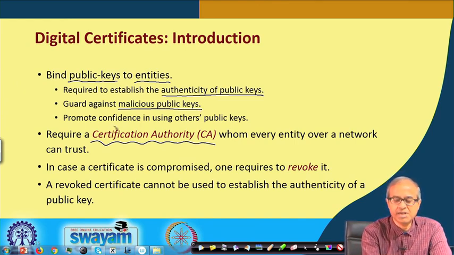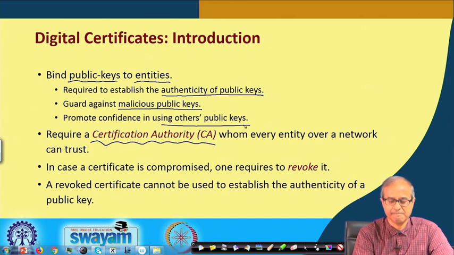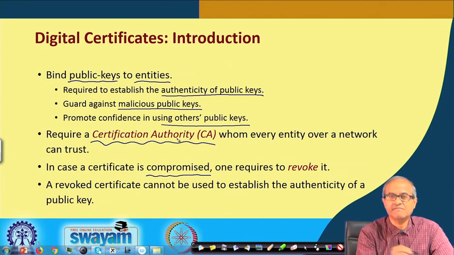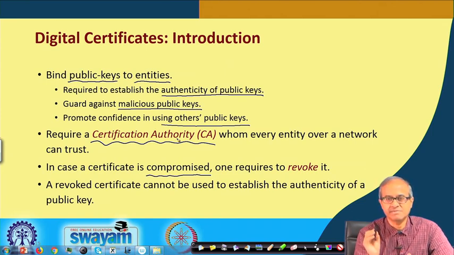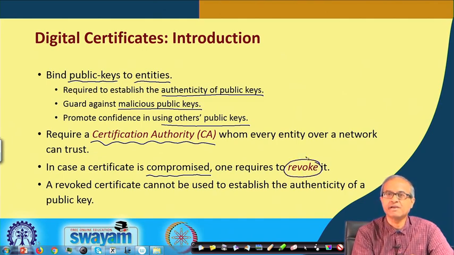So, in this way you can promote your confidence in using others' public keys for message transmission, encryption, decryption, everything. Now, of course, there are instances where some certificate can be compromised, and if the certifying authority identifies that some certificate has been compromised, then there is a process of revoking the certificate.